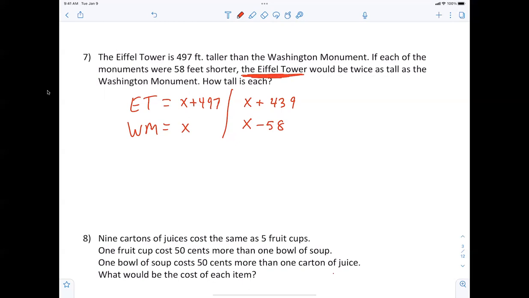What is that? Yeah. Well, how much is the Eiffel Tower right now? Yes, the Eiffel Tower would be what? X plus 439. Yes, the Eiffel Tower would be now what? 2x.